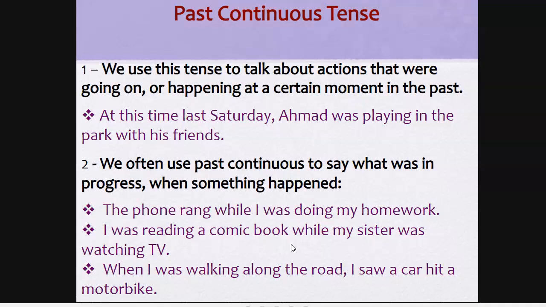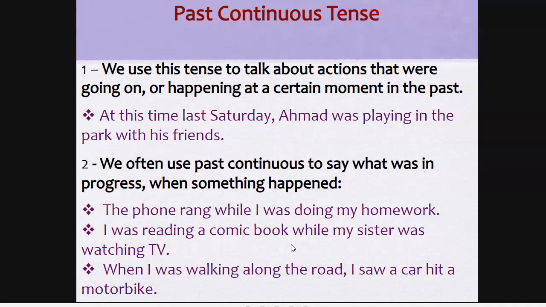The phone rang while I was doing my homework. I was reading a comic book while my sister was watching TV. When I was walking along the road, I saw a car hit a motorbike.